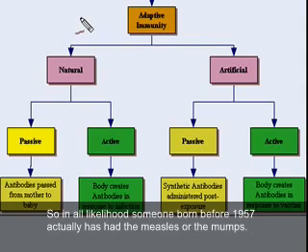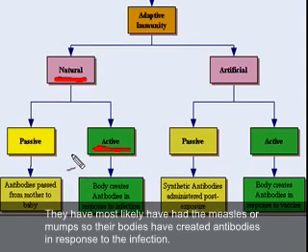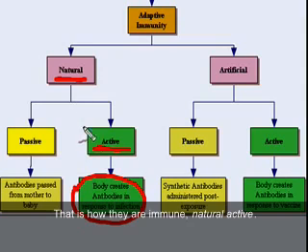So in all likelihood, someone born before 1957 actually has had the measles or the mumps. So they would have a natural active immunity. They have most likely had the measles or mumps, so their body has created antibodies in response to the infection. So that's how they're immune. Natural, active.